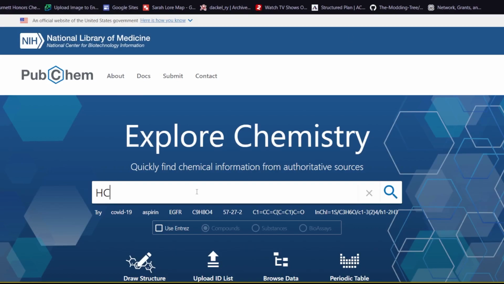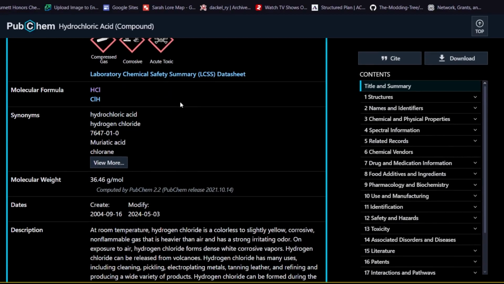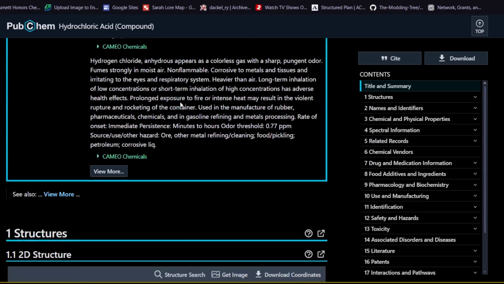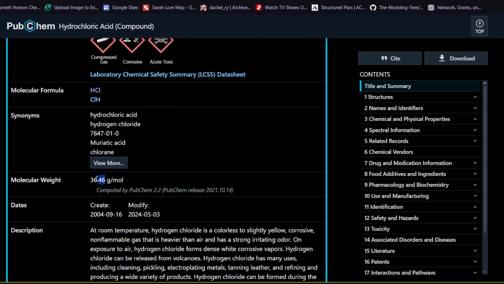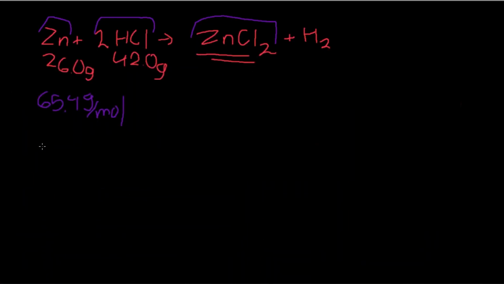HCl. Hydrochloric acid. You should be up here. 36.46. So we'll go to blue. 36.46 grams per mole.